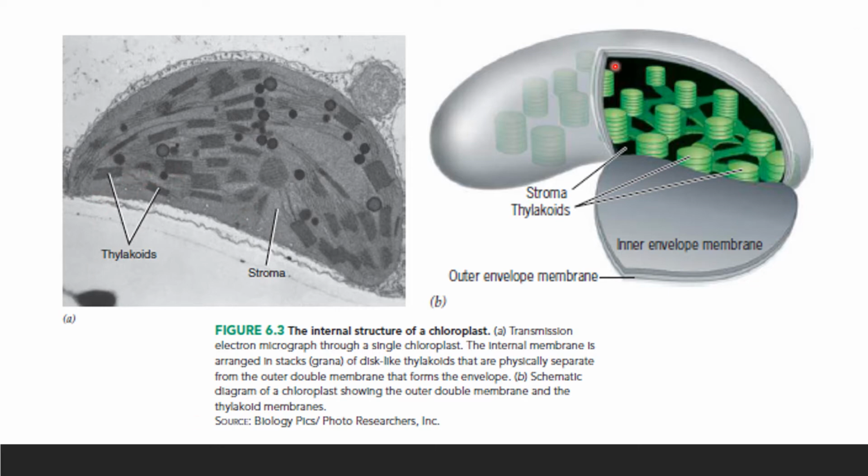Figure 6.3b is a schematic diagram of a chloroplast showing the double membrane and the thylakoid membranes. Here you have an outer envelope membrane and an inner envelope membrane, and of course the stroma and the thylakoids.